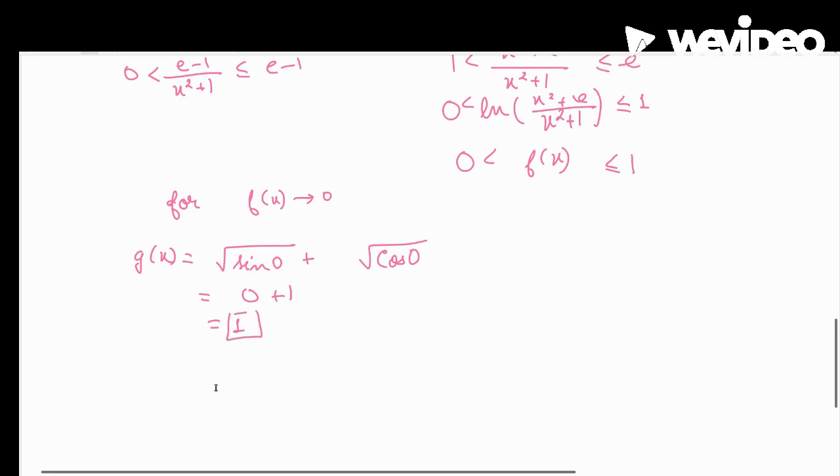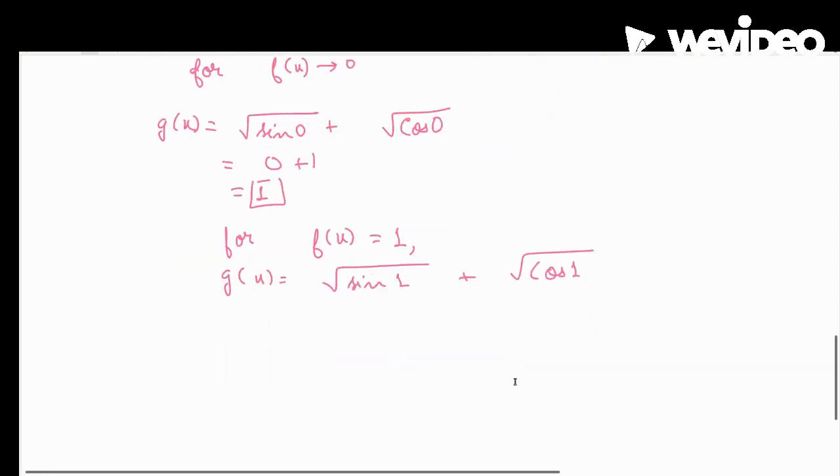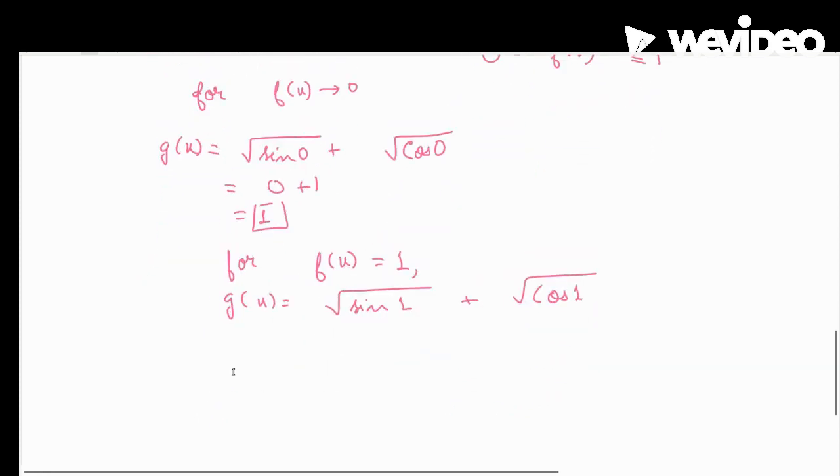So one of the tending values of g of x is 1. And we can also find out the other value, that is when f of x is equal to 1, that will be g of x equal to root of sine 1 plus root of cos 1. Now as you can see, this value is not given in any of the options, so you can just eliminate it.